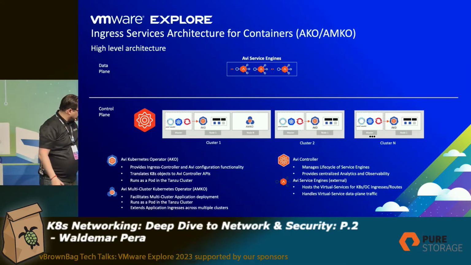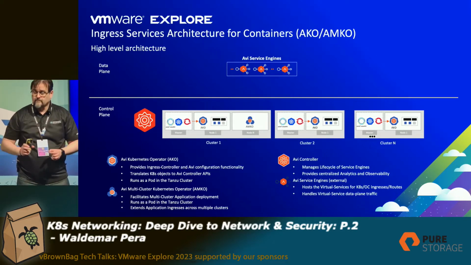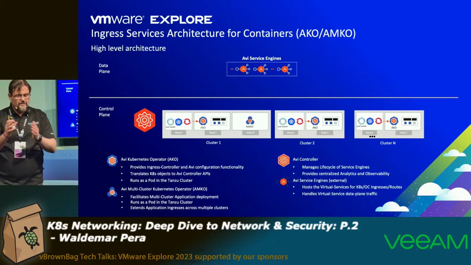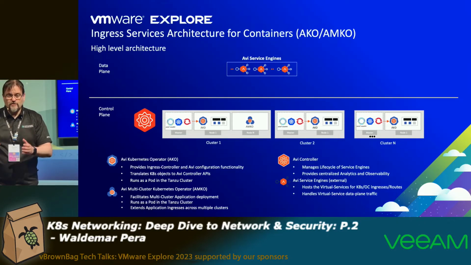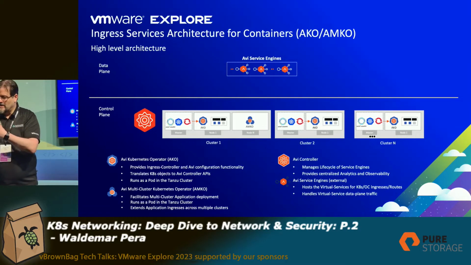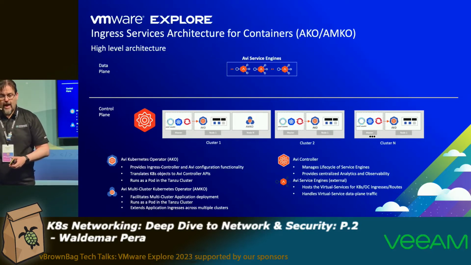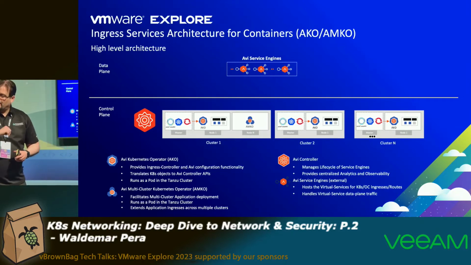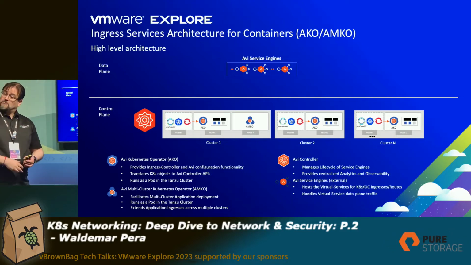And there is a second part when you handle more than one cluster, and you have some disaster recovery, active, or some application with paths A and B, and you want to direct that information, like a global service load balancer. So you have a second operator, M for multi, to handle that case. In that case, you don't create a virtual server. You create the rule for the global service load balancer. Okay, good.